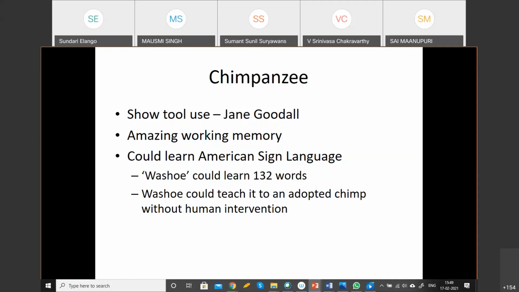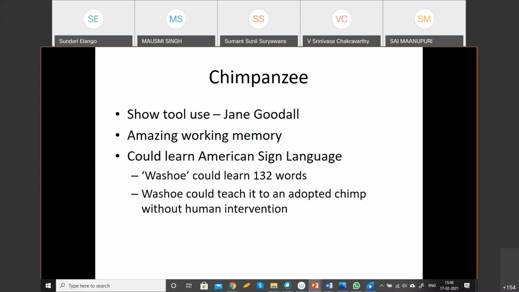Working memory. They could even learn language, and that's one of the few animal species that you can say are capable of learning language. But they don't have the vocal apparatus to produce speech, like human-like natural speech. But they could learn sign language. Chimpanzees were taught American Sign Language. This particular chimpanzee called Washoe was able to learn 132 words.